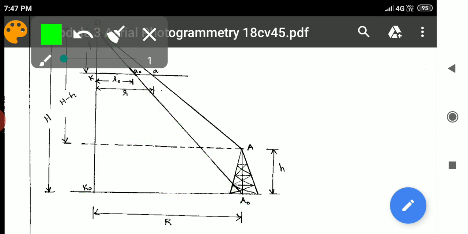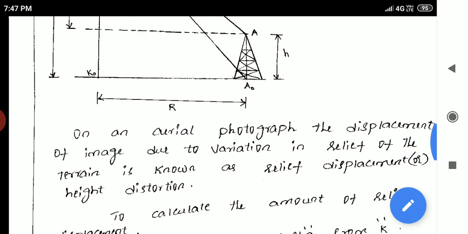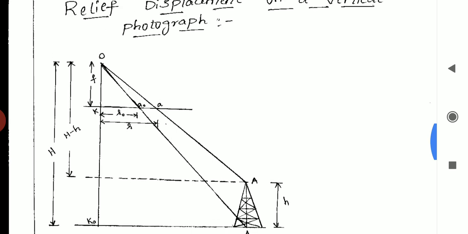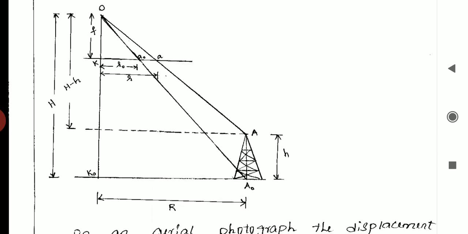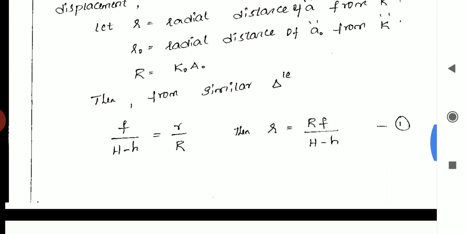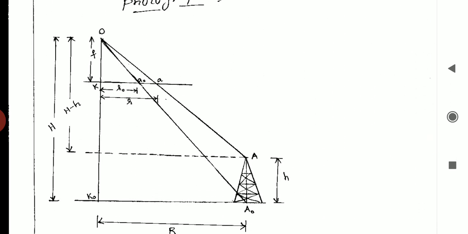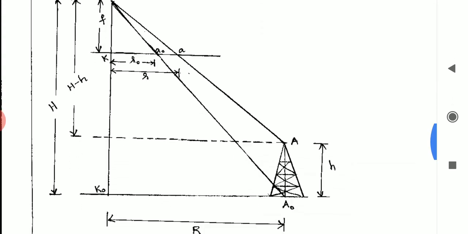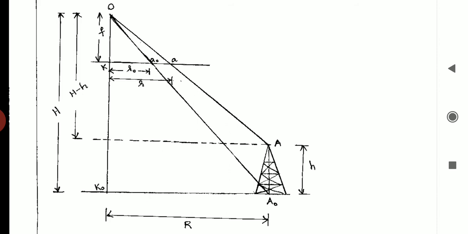R equal to this distance. How? So R equal to K0 A0. From the similar triangle OAK I showed already, we will get f divided by H minus h equal to small r divided by capital R.